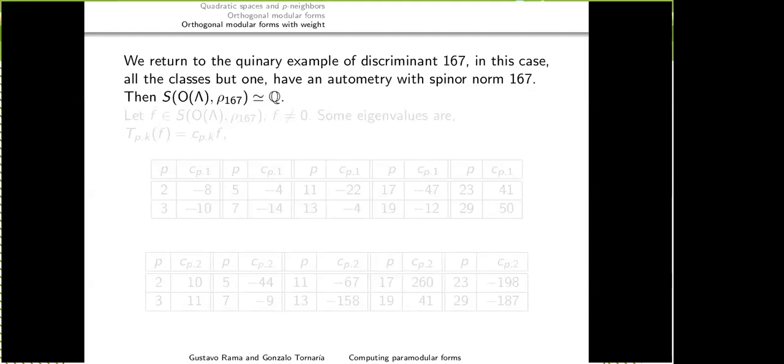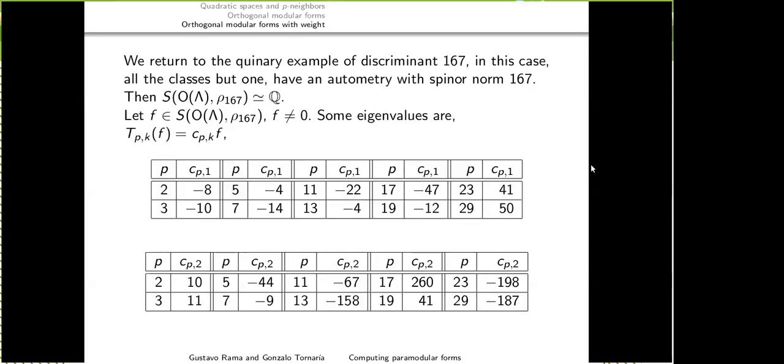So the fixed space should be 0 for all the lattices but one. So we have that the space of cuspidal forms with weight rho 167 is isomorphic to Q.